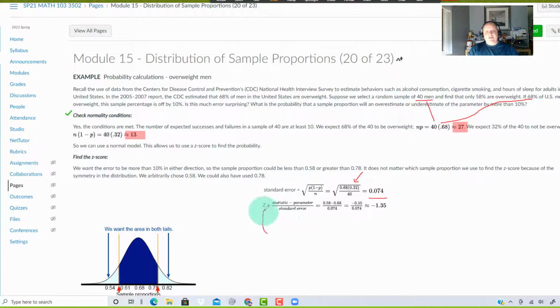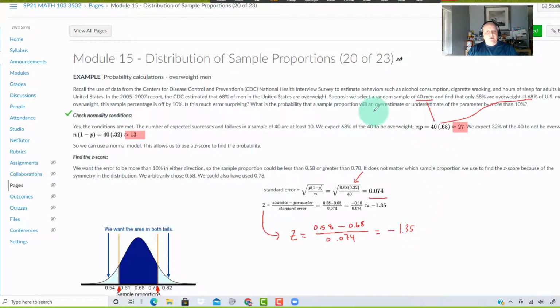Now when we want the z-score, that's where we take our value, the 58% that we found, take the 68% that is the population parameter, and divide by the 0.074.